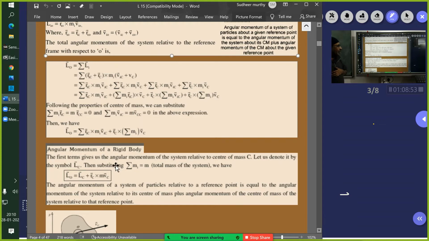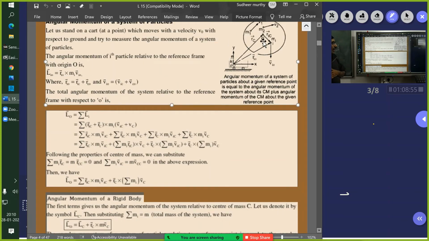Okay, so here you see this is RC. RC cross M VC means what? Because this entire body is translating, its angular momentum will be what? We used to write it as RC bar cross M V bar.